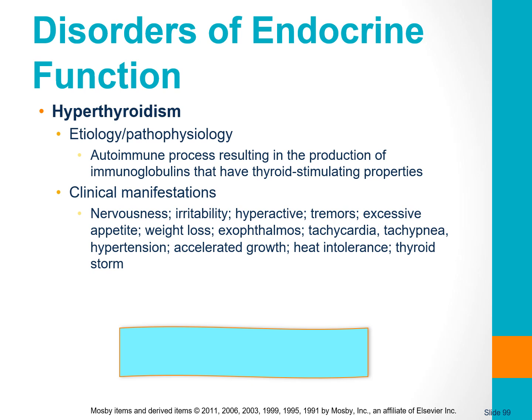Clinical manifestations are nervousness, irritability, hyperactive tremors, excessive appetite, weight loss, tachycardia, dyspnea, hypertension, accelerated growth, heat intolerance, and thyroid storms. There is the box 32.7, page 1017, that reviews hypothyroid symptoms. How do we manage this? Administration of antithyroid medications, or potentially even removing the thyroid, or iodine administration. There's some notes on page 1077 as well that would be beneficial that you review.